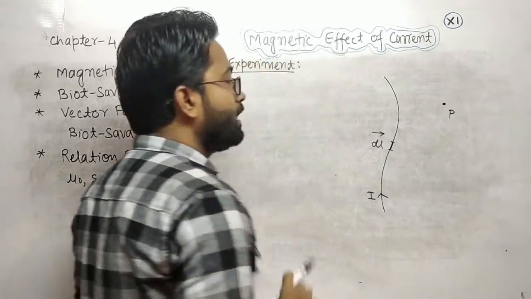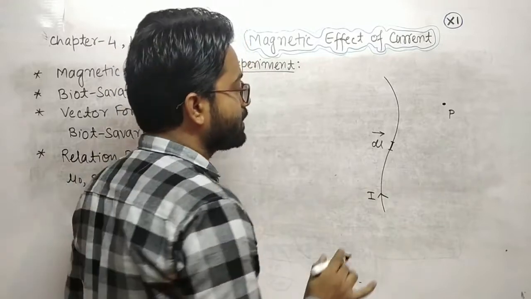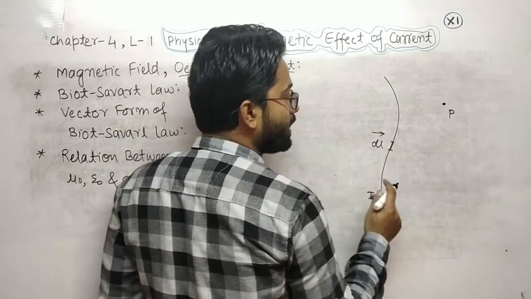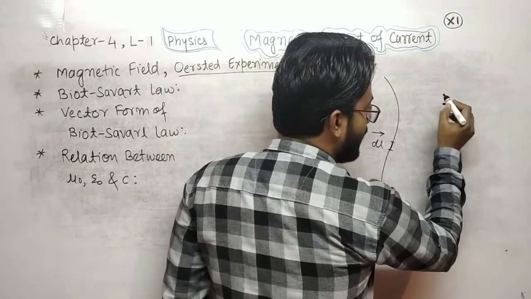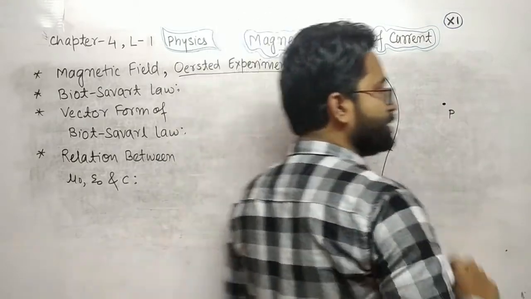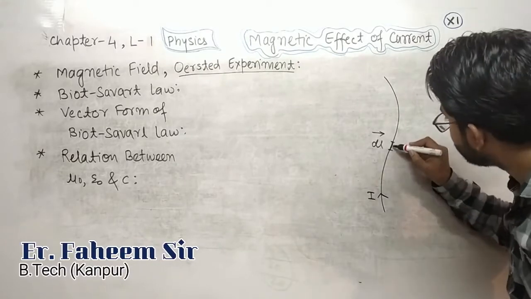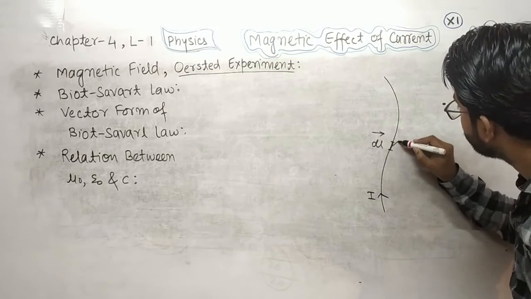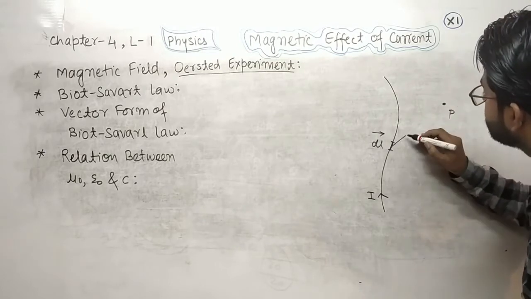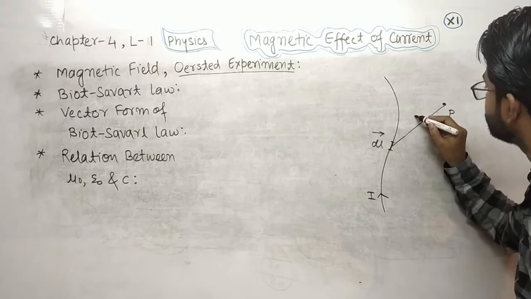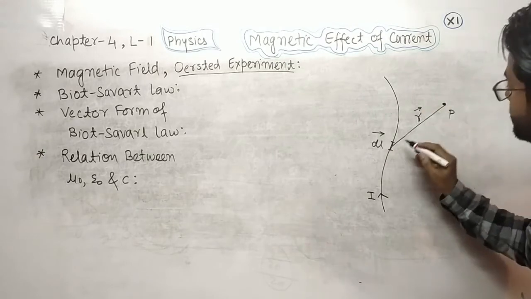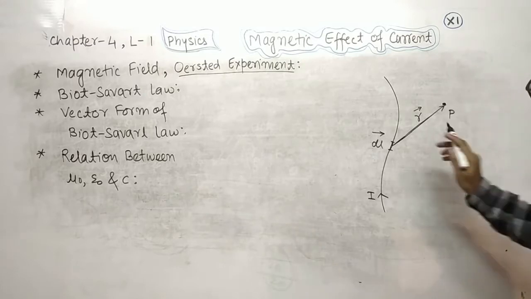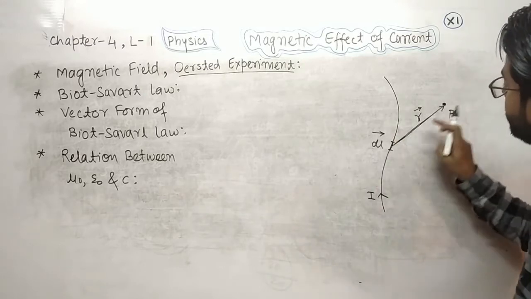In general form, only take that this very small element of the wire produces a magnetic field at that point, and the distance between that element and the point where we need to calculate the magnetic field, let us suppose is R, in that direction, from the element to the point.